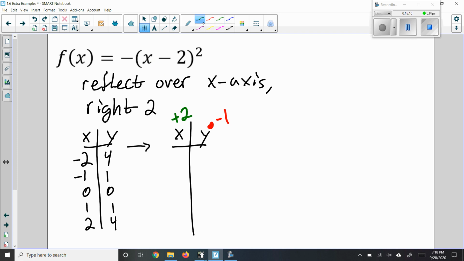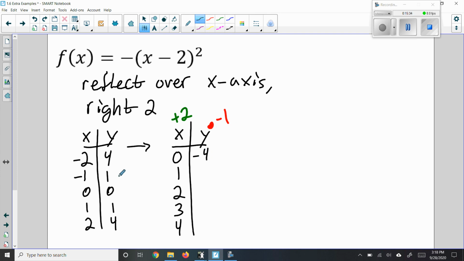So I'm going to add 2 to all of these. Negative 2 plus 2 is 0. Negative 1 plus 2 is 1. 0 plus 2 is 2, etc. Now I'm going to multiply all of the y values by negative 1. So negative 4 times negative 1 is negative 4.